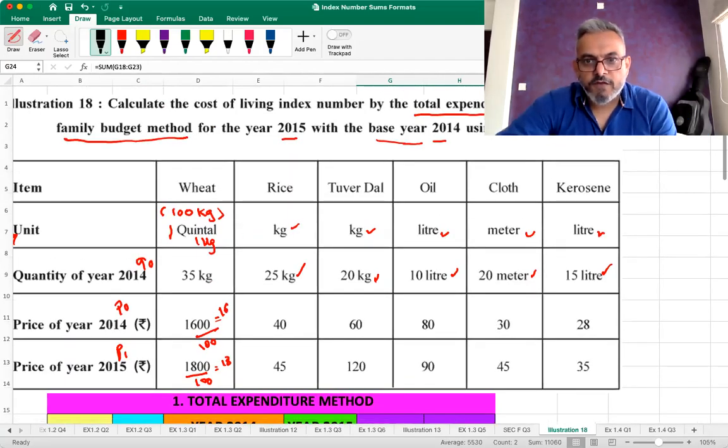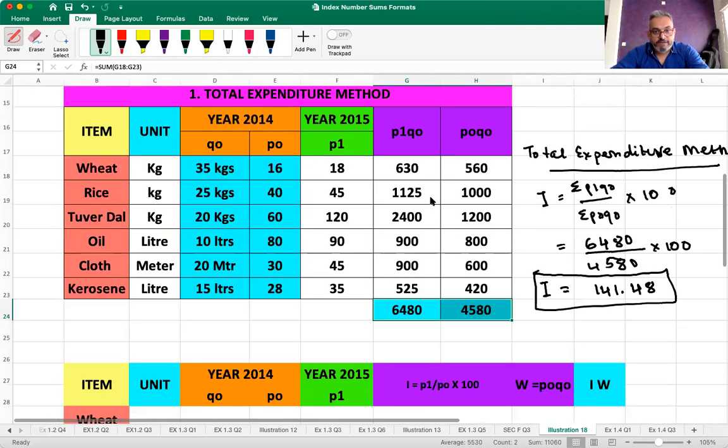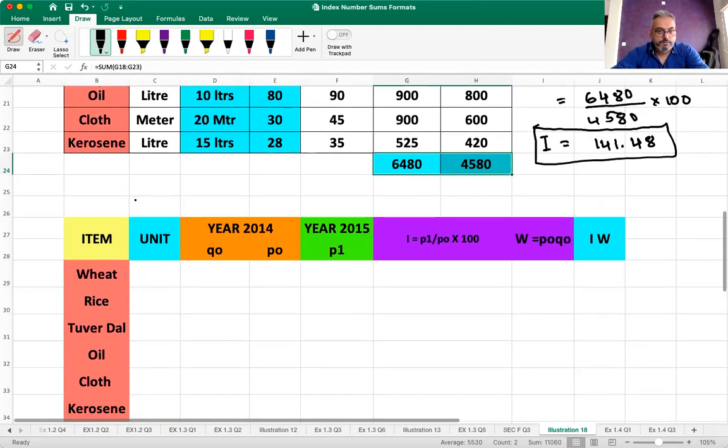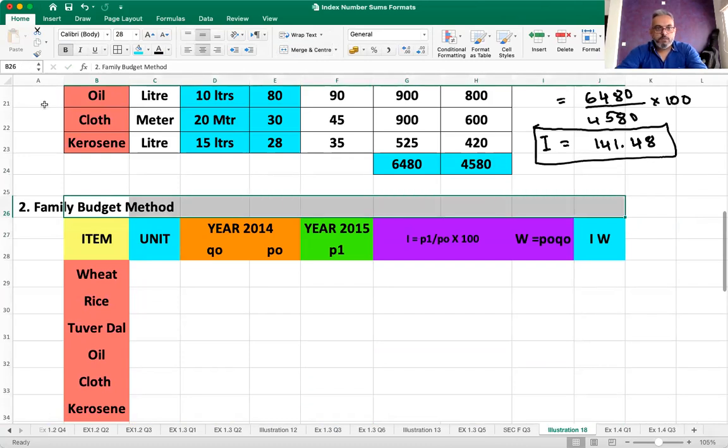Now, in this question, we have to calculate the cost of living index number by both total expenditure and family budget methods. So let's go to the second part of it. Write the heading: Family budget method.